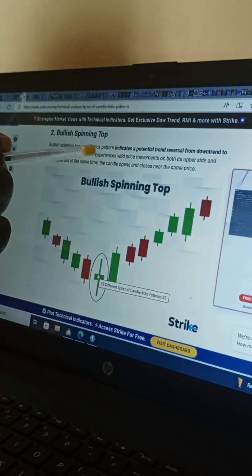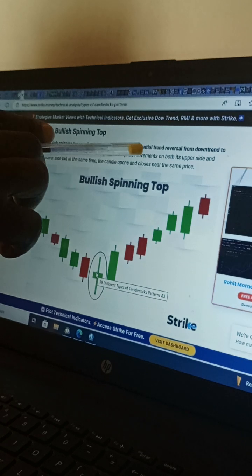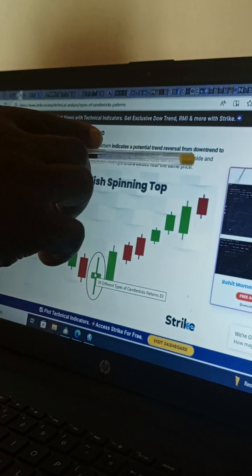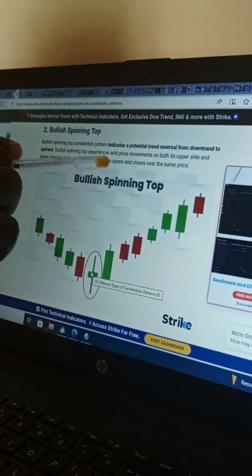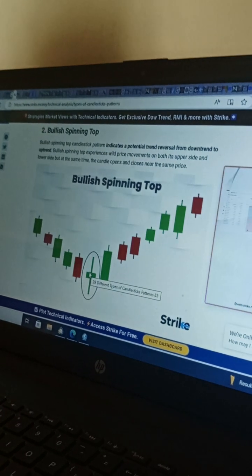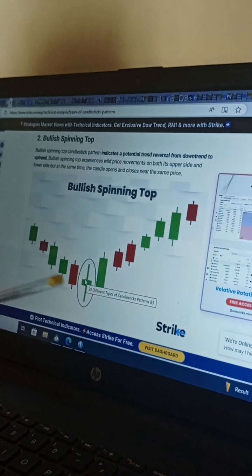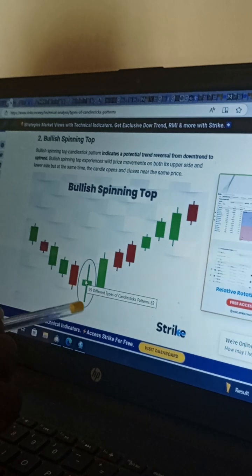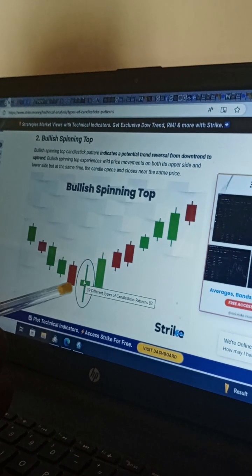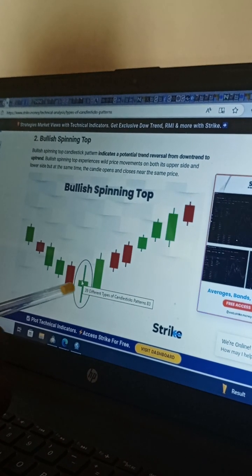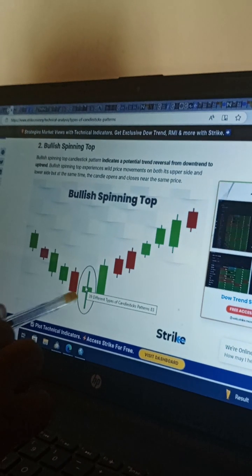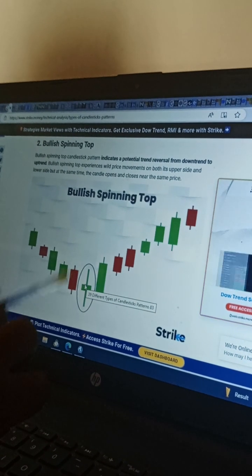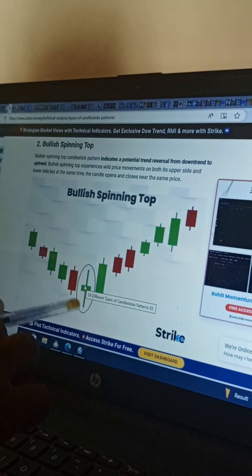The bullish spinning top experiences wild price movement on both its upper side and lower side, but at the same time the candle opens and closes near the same price. You can see the bears came to push it down and the bulls came up. If this were a doji candlestick, the wick or shadow would be longer than this.